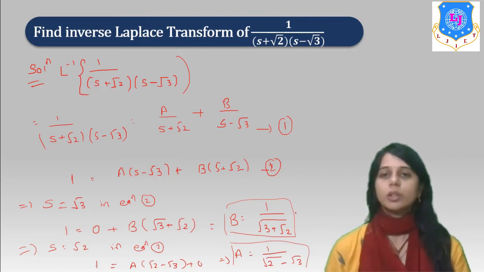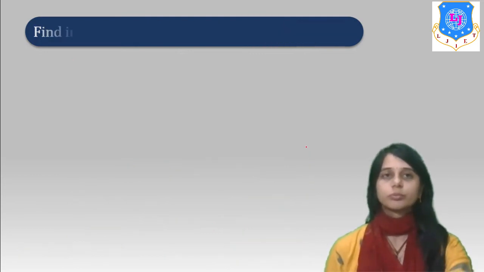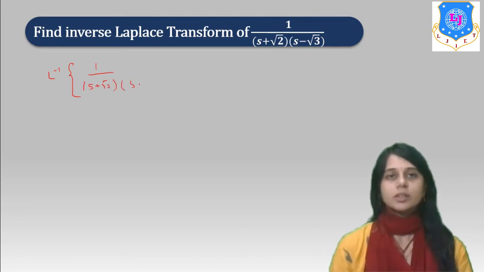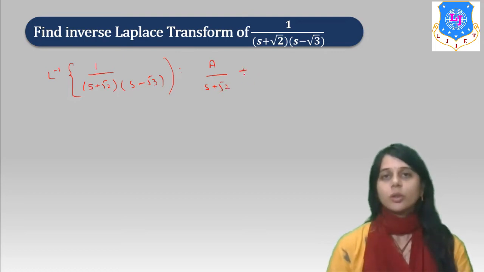Put these values in equation 1. What is our equation 1? Equation 1 says that 1 upon (s plus under root 2)(s minus under root 3) equals A upon s plus under root 2 plus B upon s minus under root 3. Now we apply Laplace inverse.